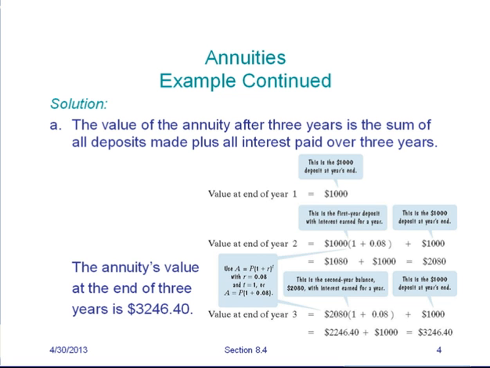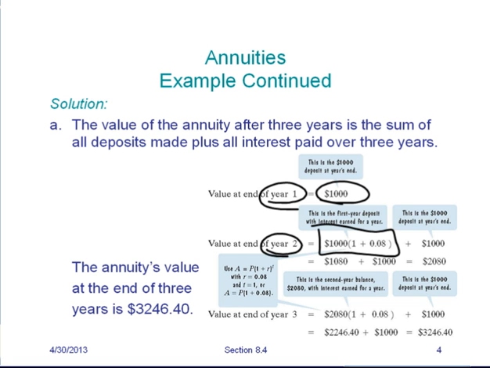With actual numbers here, this is the initial $1,000 that we deposit at the end of the first year. At the end of the second year, this will give us the amount plus the interest from the first year plus the $1,000 we deposit at the end of the second year. So altogether, right now, at the end of the second year, we have $2,080. And then at the end of the third year, we have the $2,080 plus interest.